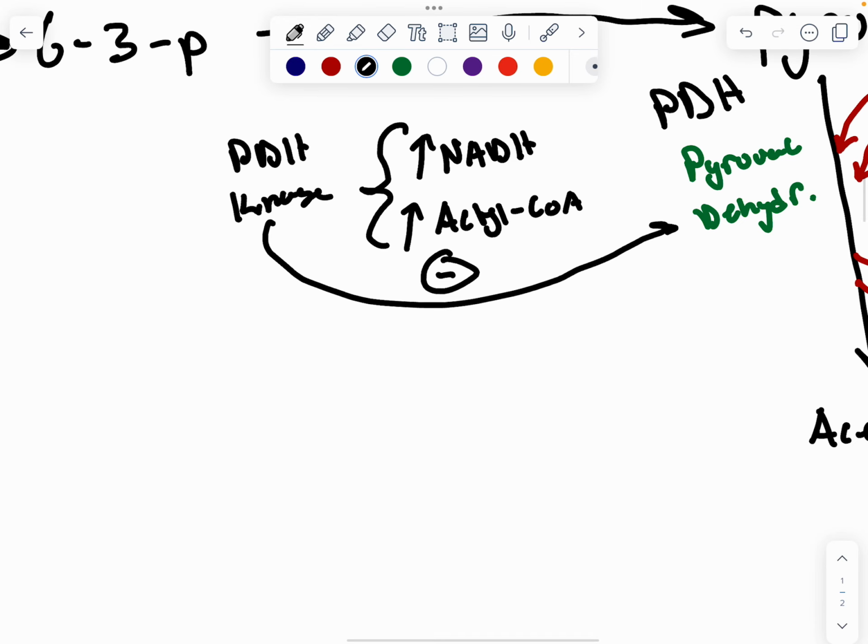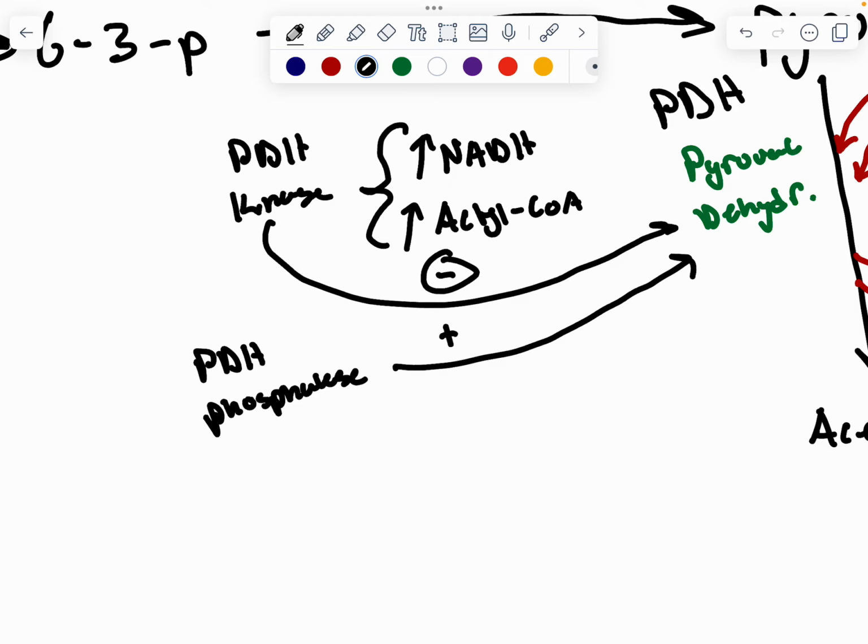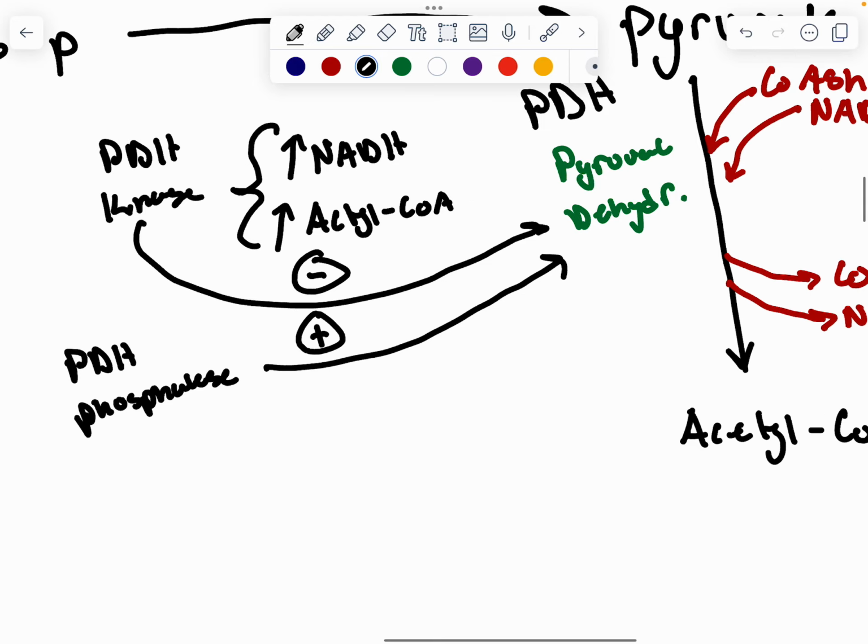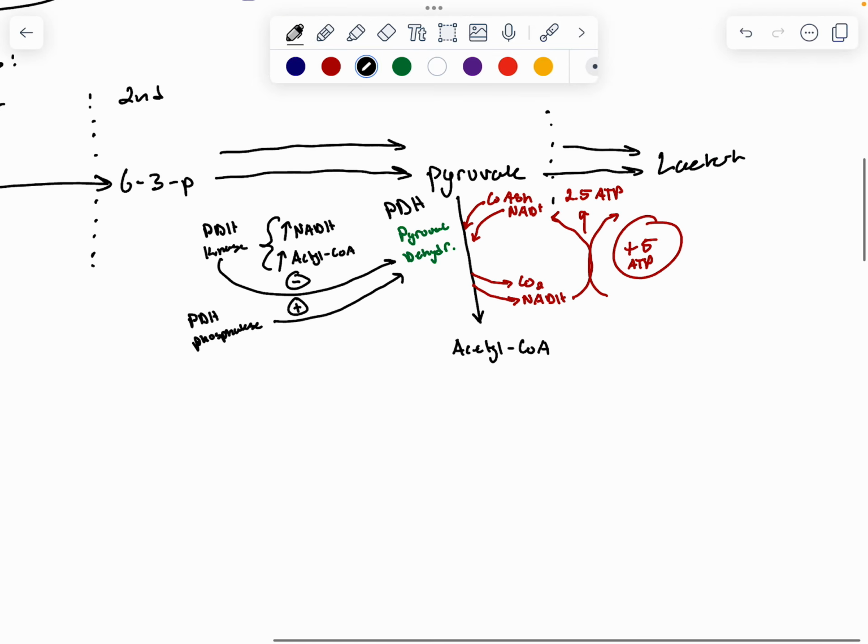And then if we want to turn it back on, we are going to have PDH phosphatase, and that is going to turn it back on, and that is going to be a positive modulator of pyruvate dehydrogenase. So look at that. Brand new pathway, aerobic state, already plus 5 ATP on the count.